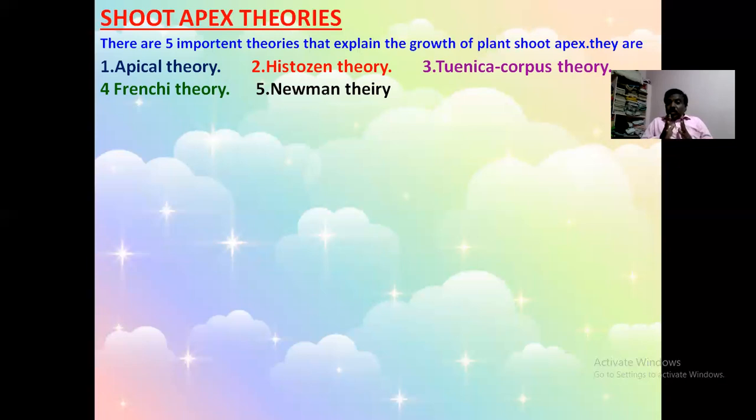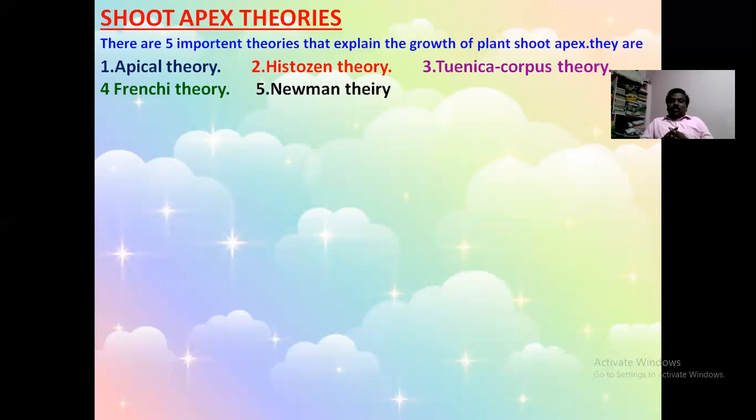Different types of cells follow this type of growth in higher plants and primitive plants. The primitive plants are also called pteridophytes. In pteridophytes and higher plants, this type of shoot apex is different. Scientists explained these five theories.